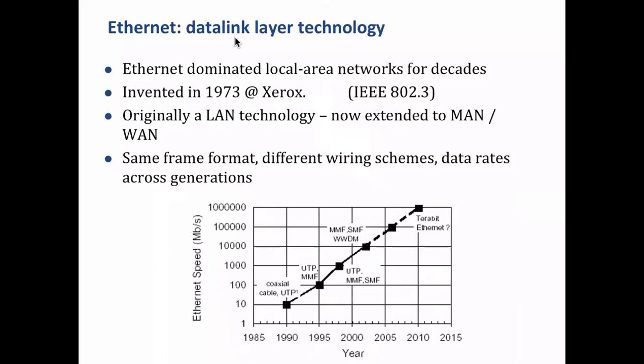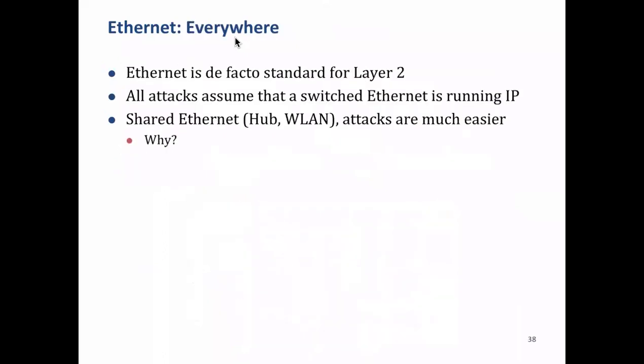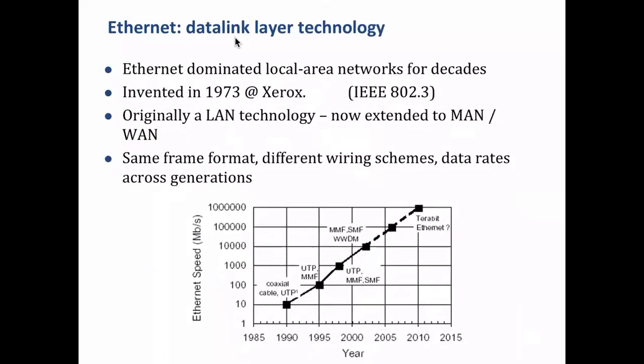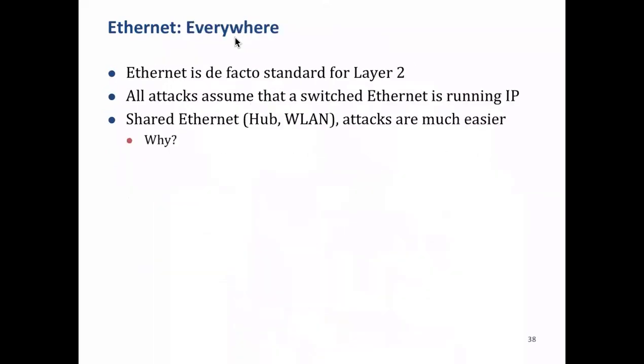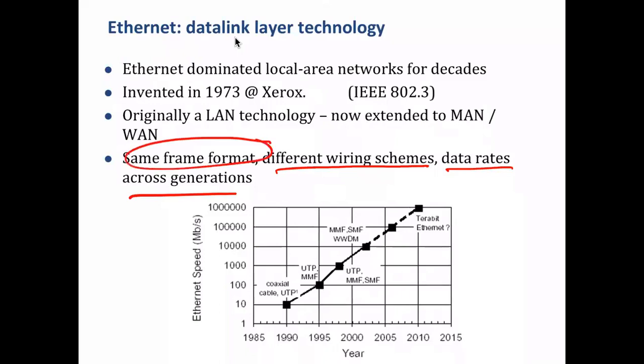So today we have Ethernet that works at terabit speeds. It's very, very fast, and since internet speeds are increasing, Ethernet is able to match up with the speed. Now there are a lot of different kinds of wiring schemes and data rates, and so on, but the frame format remains the same.